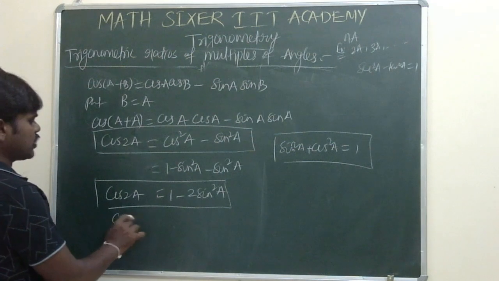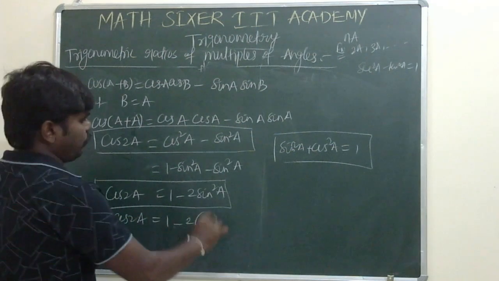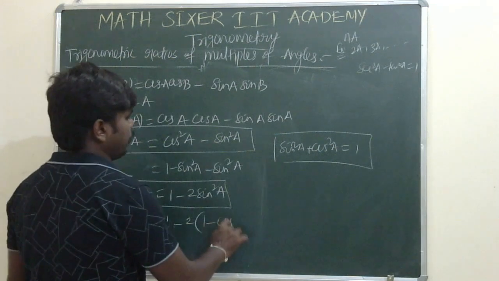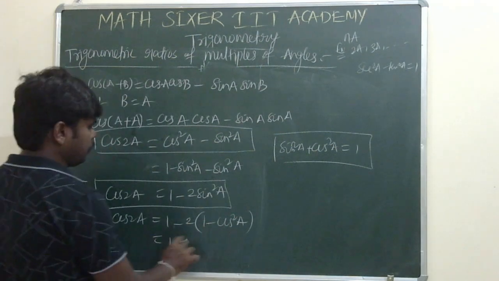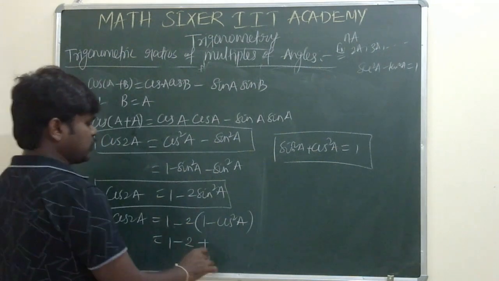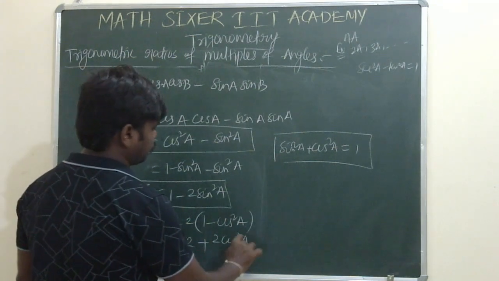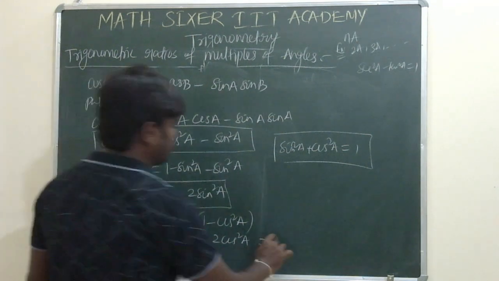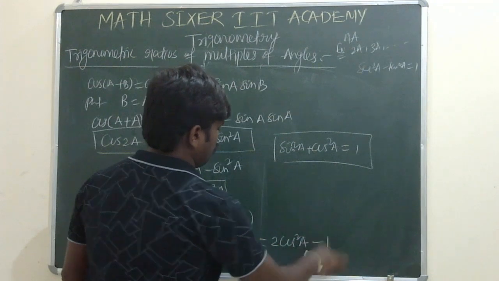Now if you want to express it only in terms of cos, substitute sin square A equal to 1 minus cos square A. Then we get 1 minus 2 into (1 minus cos square A), which is 1 minus 2 plus 2 cos square A. So 1 minus 2 is minus 1, and we get 2 cos square A minus 1.